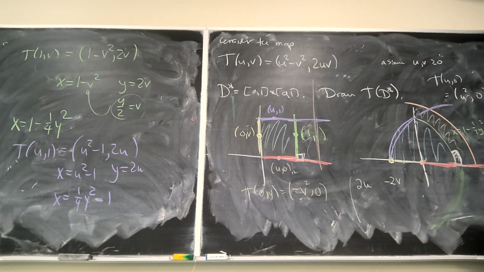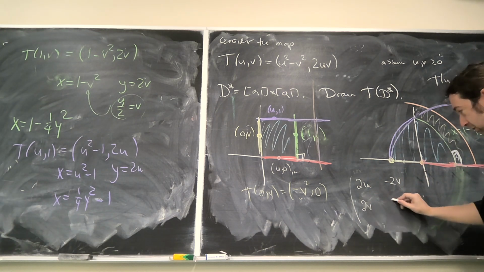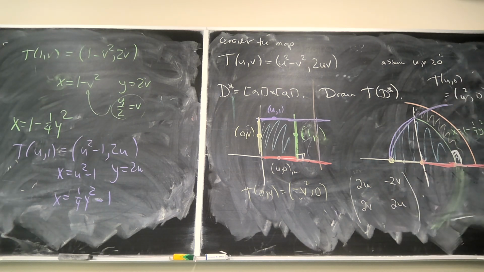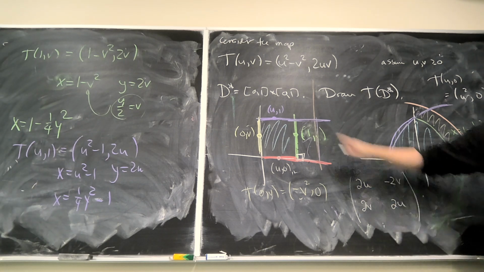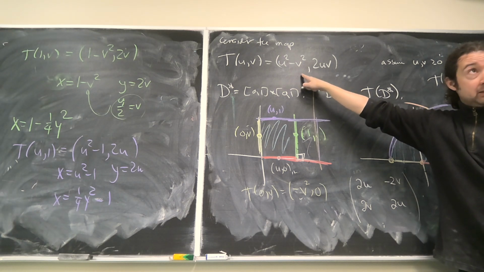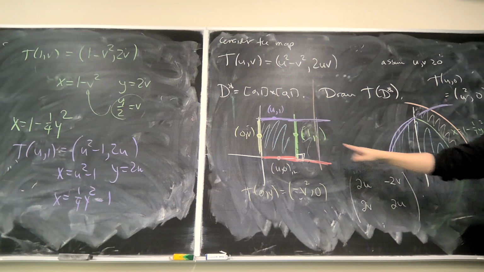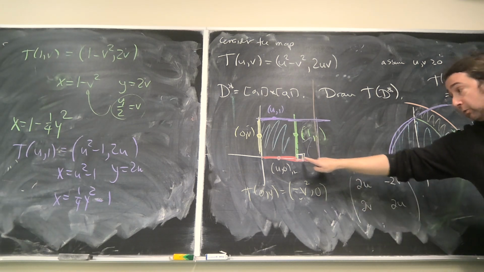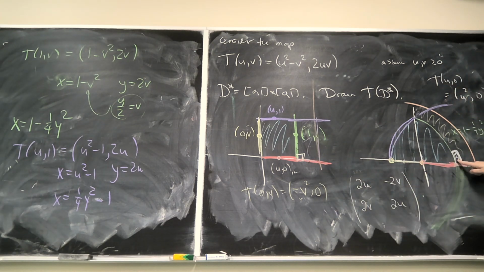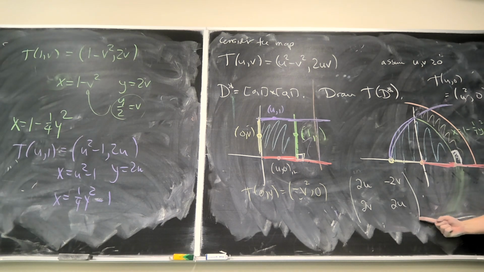Oh, is it literally the same? No, okay. 2v, 2u. So we've studied this already. This is a Jacobian matrix. It's the matrix of first derivatives, but now of this map. And it's going to turn out that if I want to know at a particular point in space how much this little bit changes in area relative to this, I just take the determinant of this. So the determinant is going to be the thing that dictates the distortion of that little bit to that little bit.